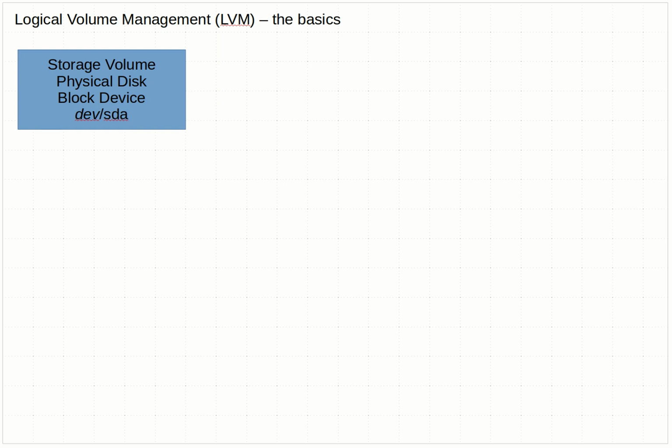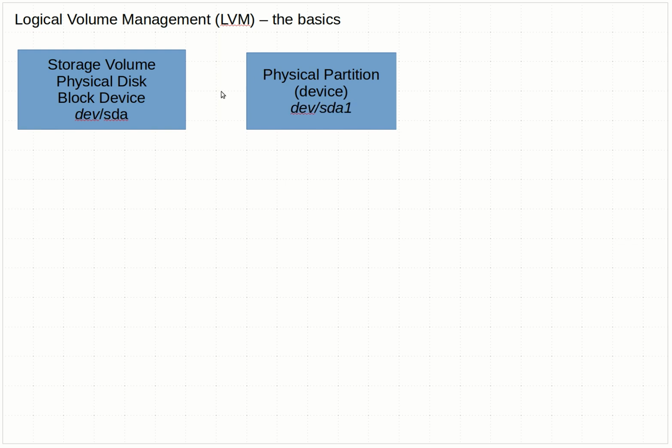So after you've purchased your storage volume and installed it, you would create a physical partition. There you go. Some would call that a device, and as its identifier you would see something like /dev/sda1 or 2, because one storage volume can hold multiple physical partitions.